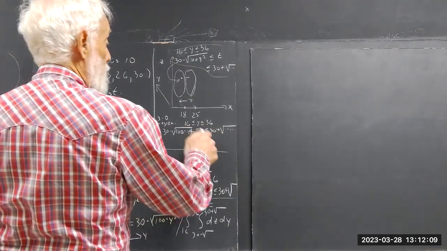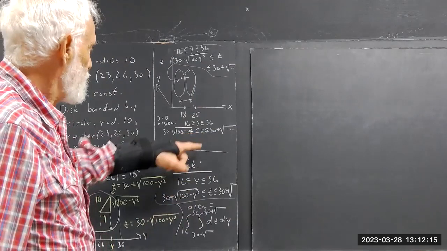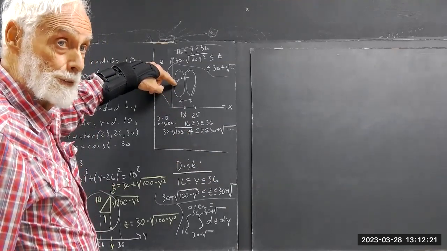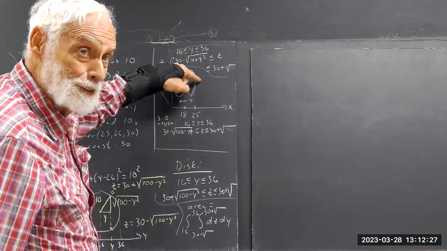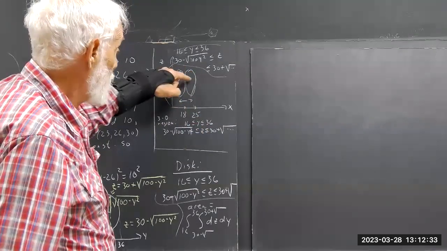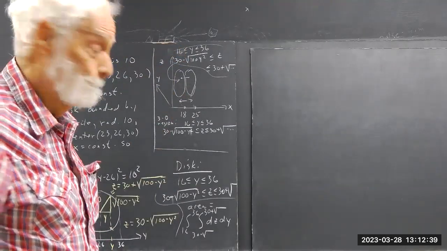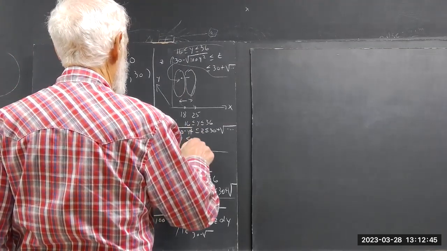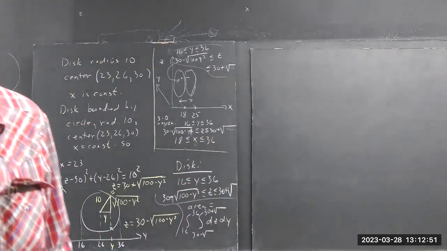Okay, so there are my limits in Z. Now for every Y between 16 and 36, and every Z between here and here, there's a point on this disk, and there's a line between this disk, with X values between 18 and 25. And every point on that line is within the region bounded by the two disks. Okay. So we can say that it's between 18 and 36.